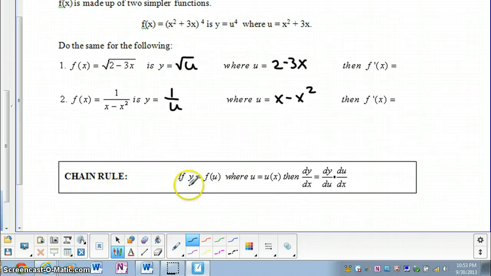So our chain rule states if y is equal to f of u, where u equals u of x, then the derivative of y with respect to x is equal to the derivative of y with respect to u times du over dx. And you can see how that's the case. If we cancel those du's, that dy dx would equal this side of dy dx.